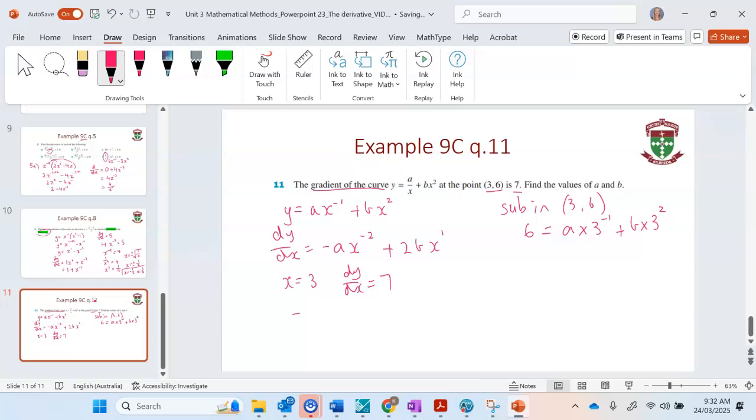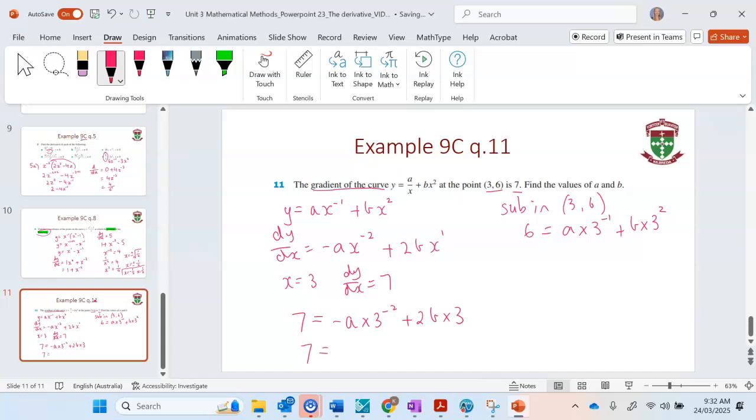So dy dx is 7, and let's just substitute in 3. Now I'm just thinking we could probably go on to solve this by hand, and I really want to, but I think it might just get a little bit too messy.